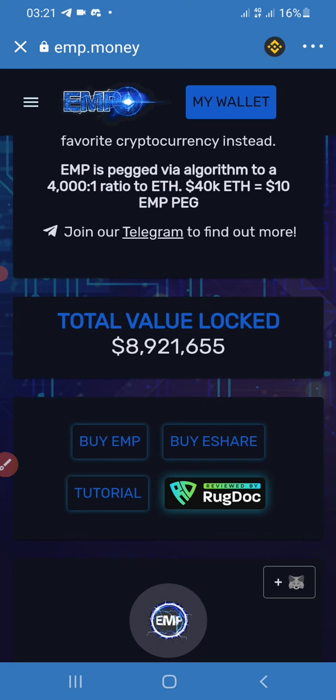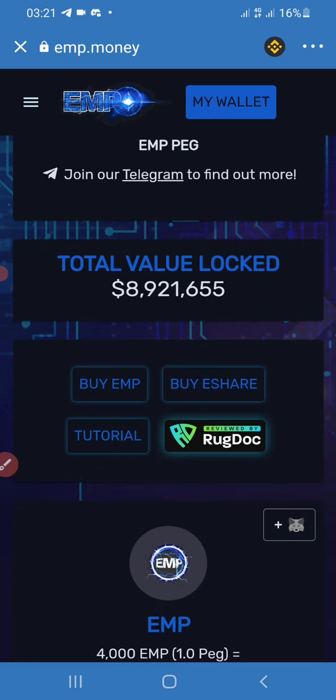So every algorithm token has a method by which they balance things. They want to work around when there's a bear market, when there's fluctuation of price. They are like DAOs. DAOs are decentralized autonomous organizations, which means that you're investing in a company. These ones are not really like companies actually.